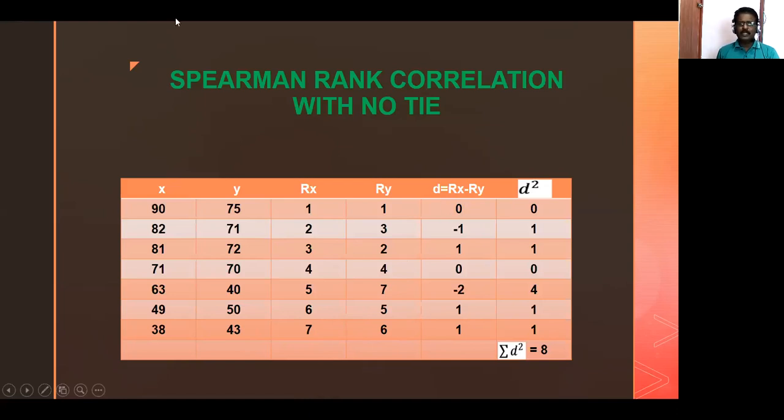Now we have to find d square: 0 square is 0, minus 1 square is 1, 1 square is 1, 0 square is 0, minus 2 square is 4, 1 square is 1, and 1 square is 1. Sigma d square is 8.